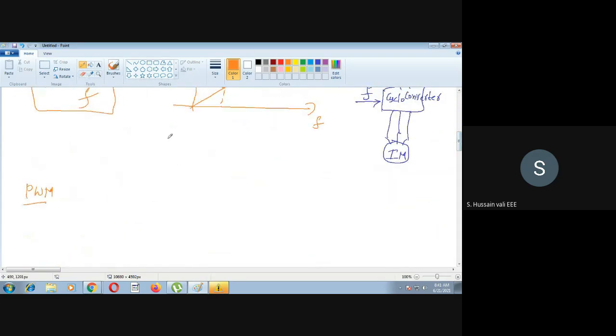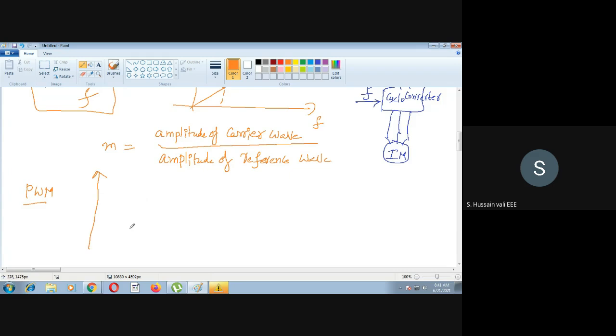The modulation index M is equal to the amplitude of the carrier wave or carrier signal divided by the amplitude of the reference wave or reference signal. This I have defined. So if you recall this PWM technique, you have this ramp signal.